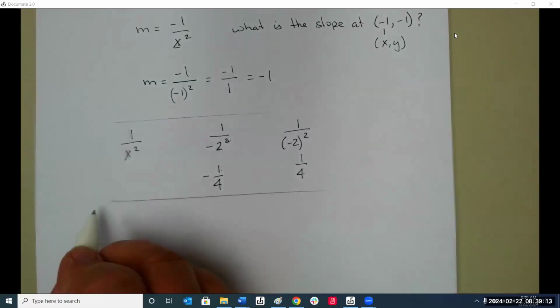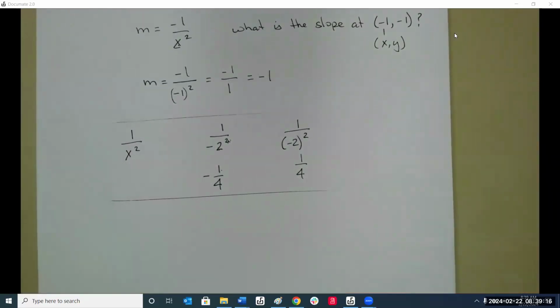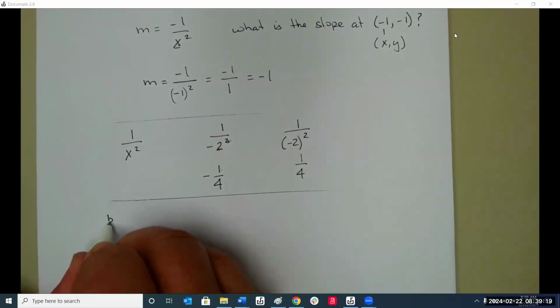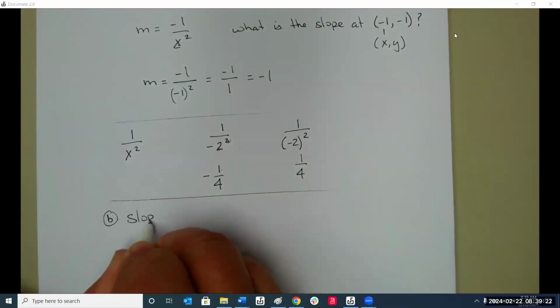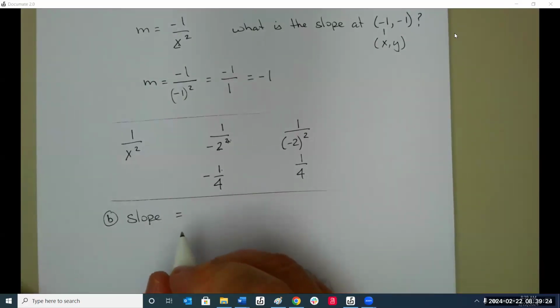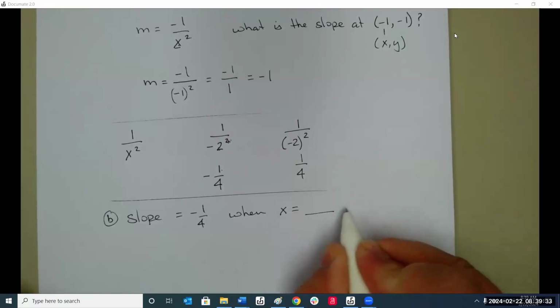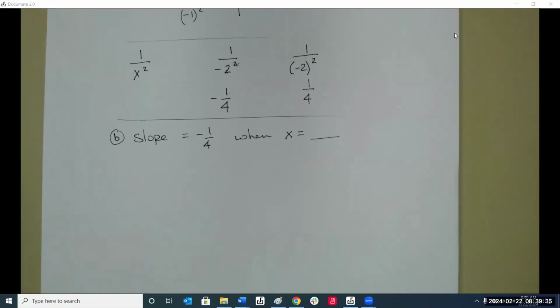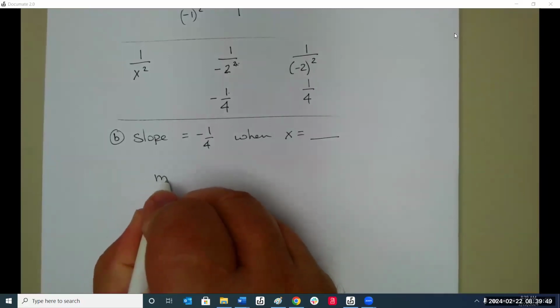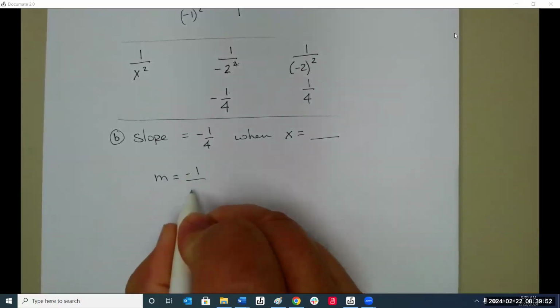Okay, so what's B looking for? B is saying, where does the slope equal -1/4, when x equals what? Remember, our equation was the slope equaled -1 over x squared.